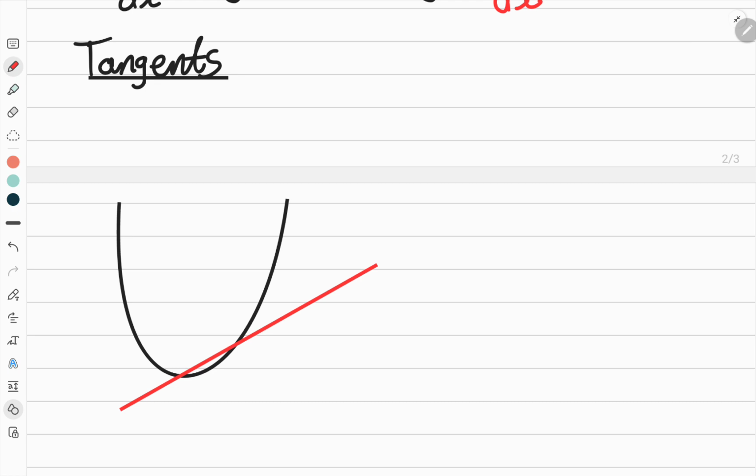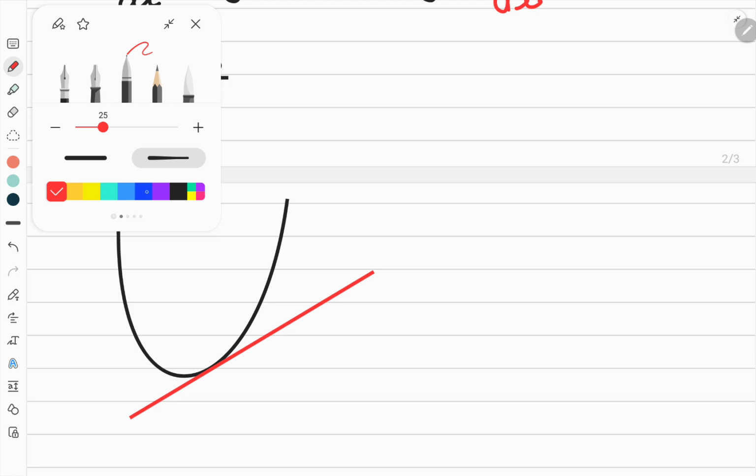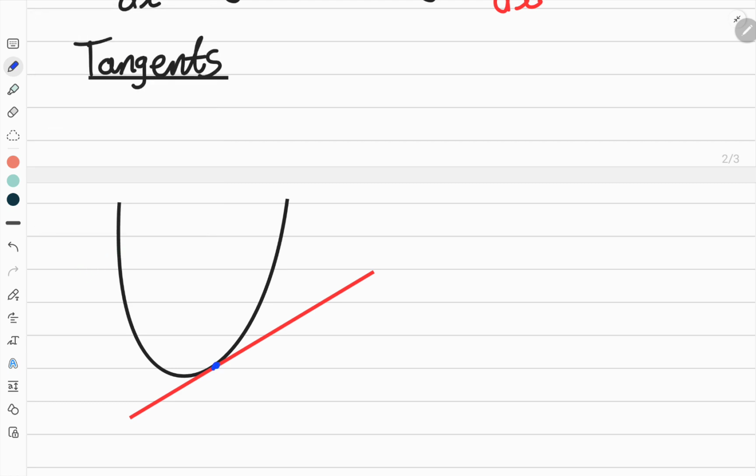This one is refusing to touch. It's cutting through. Let me take that once again. It's a line that touches the curve. Yes, perfect. So as you can see, it's touching this curve. It's not cutting right through. It's just touching the curve at a single point. That's a tangent.